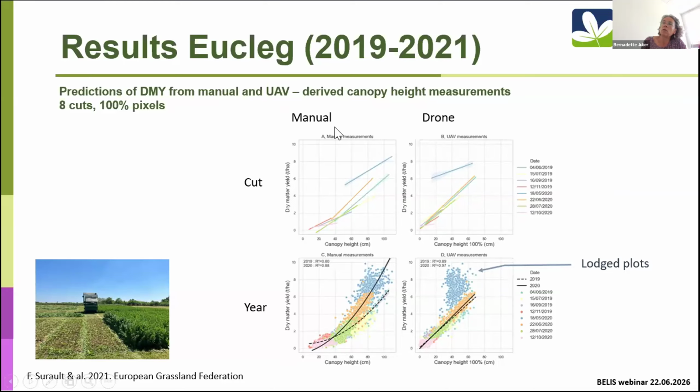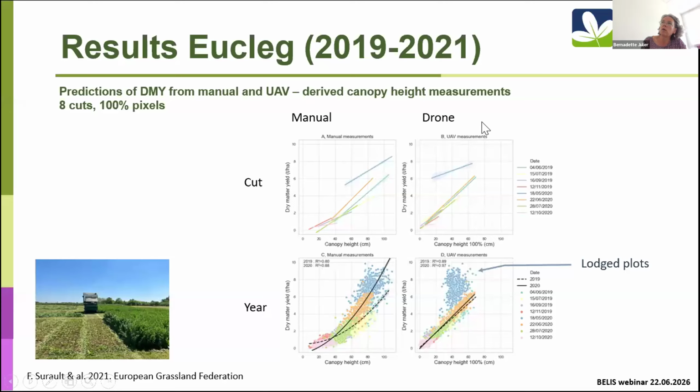On the left-hand side you have the manual measurements, with a classical positive correlation between canopy height and dry matter yield. On the top you have the correlation per cut, and on the bottom per year. So this is correlated, it's normal.